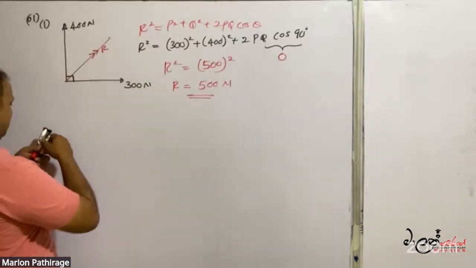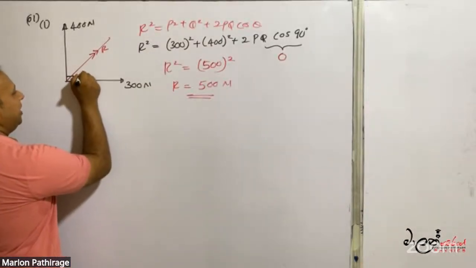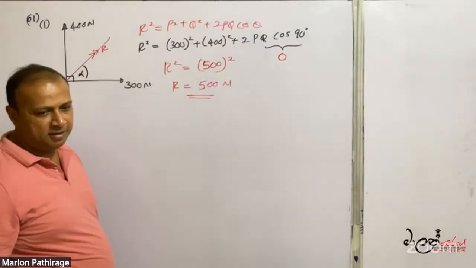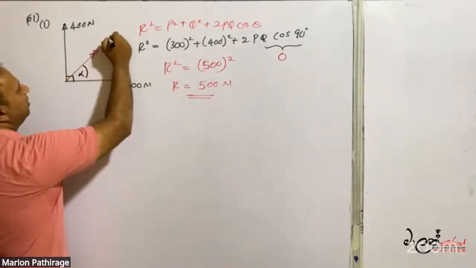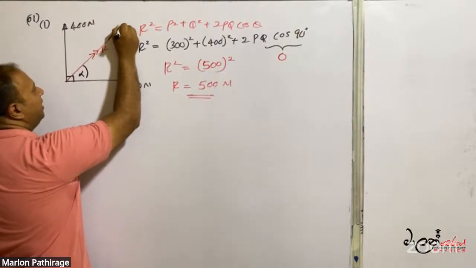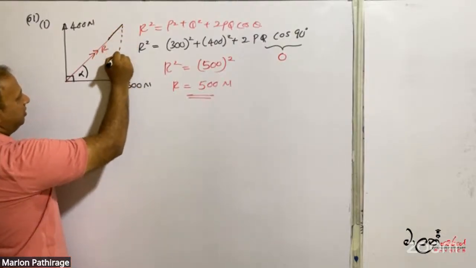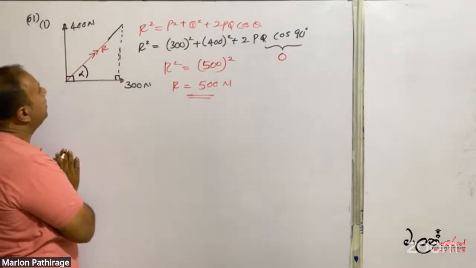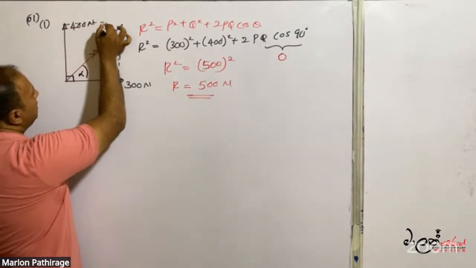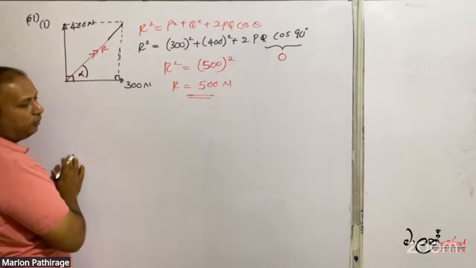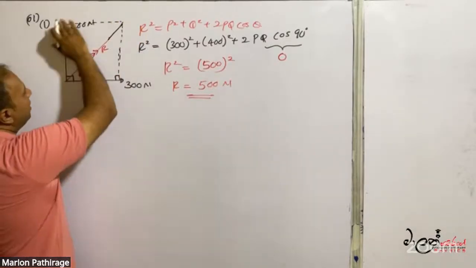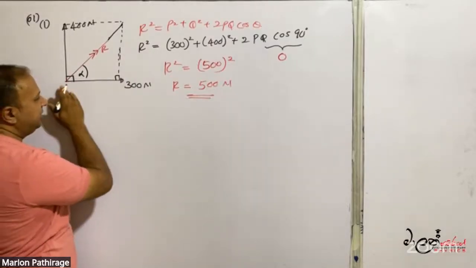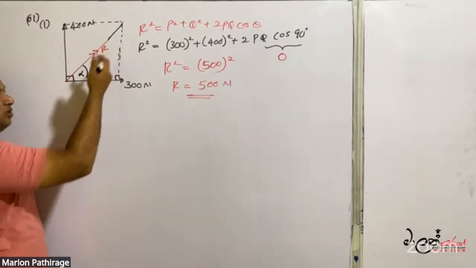Then the angle, if it is alpha, now you can determine tan alpha. If you draw a perpendicular to here and complete the parallelogram, this should be a rectangle. This side is 300, this side is 400, and one angle is 90, so this should be a rectangle.